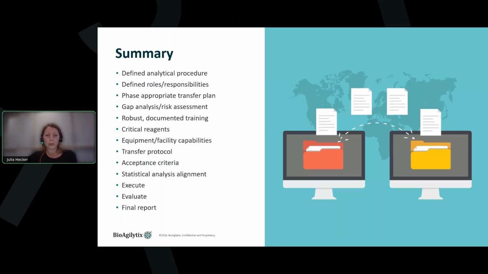Then the transfer protocol, as I mentioned before, should be phase appropriate and include all of the above mentioned, and of course the acceptance criteria. Then statistical analysis alignment: how is the comparison performed? What should be compared and how? Execute the assays and then do the evaluation and the comparison.